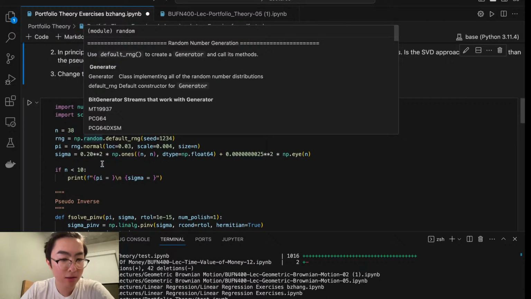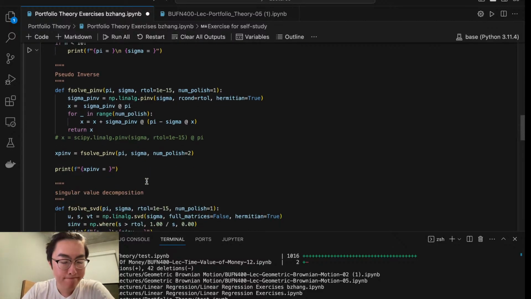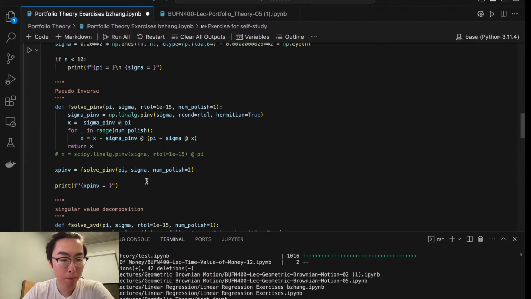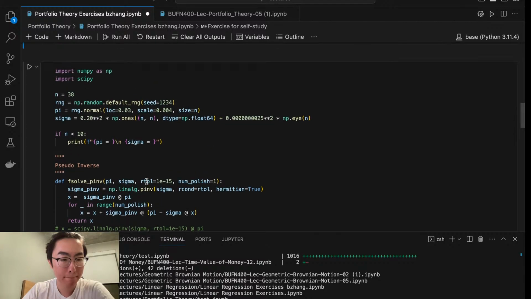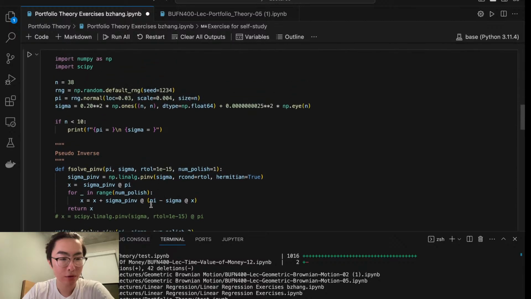So n, pseudo-inverse, pi is equal to R, G intervals, size is equal to n. Okay.